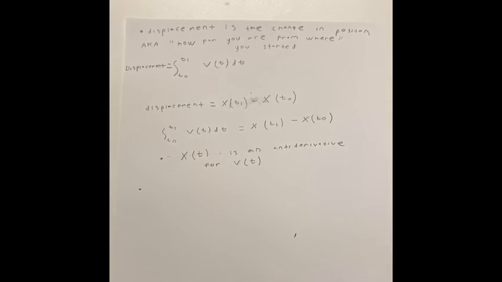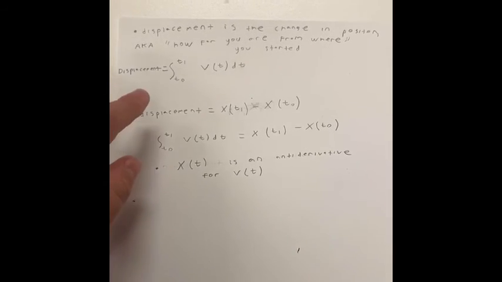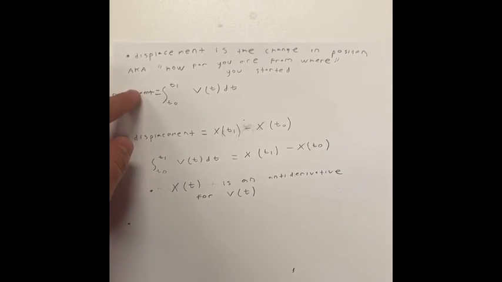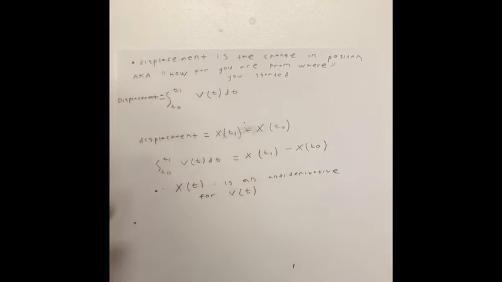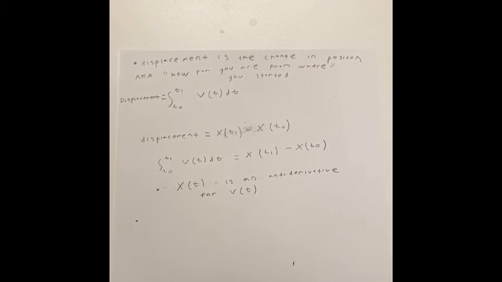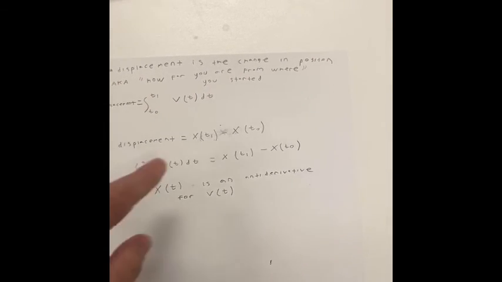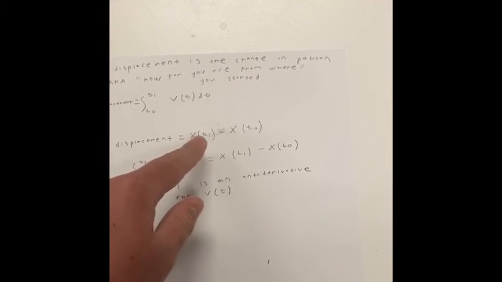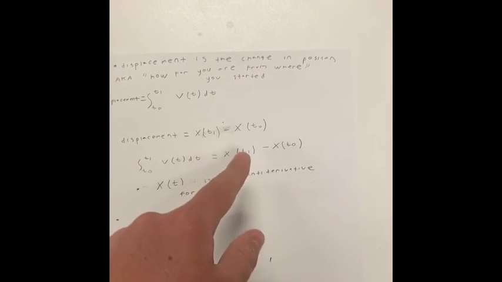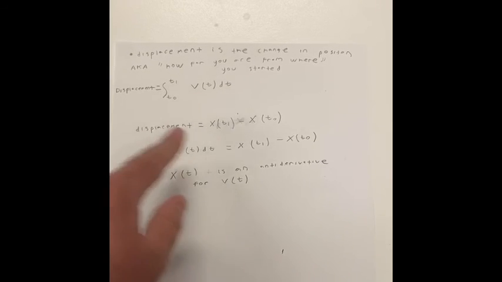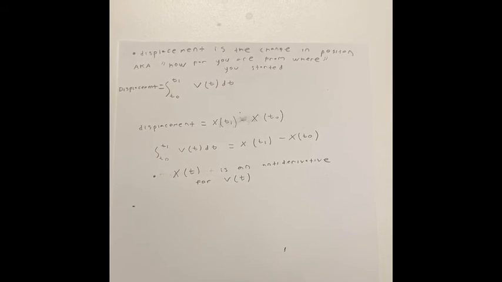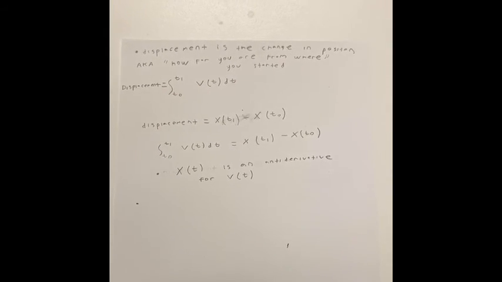So if we set it up like this as displacement, which we defined here, the integral from time 0 to time 1 of velocity equals x of t final minus x of t initial, which I am showing here. These will equal each other, which makes sense.